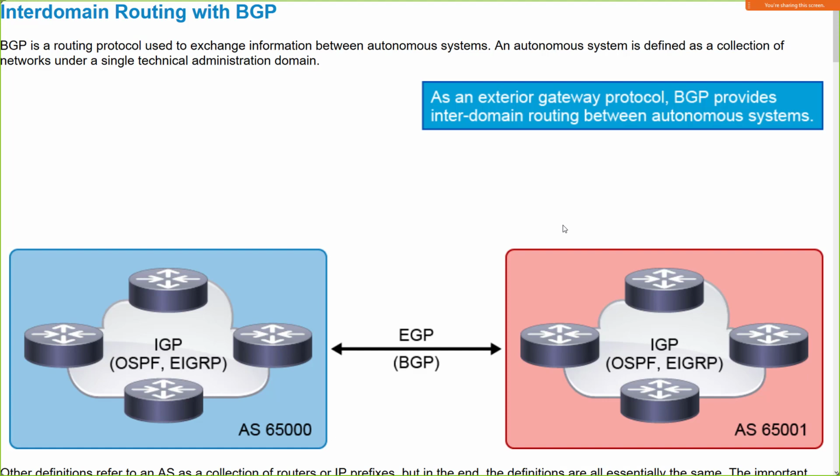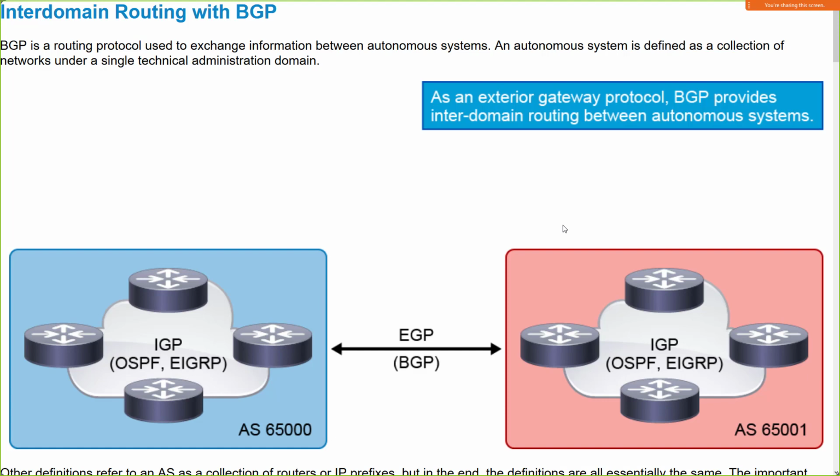Notice the cloud on the left, AS 65000, that is running an internal IGP like OSPF or EIGRP. On the right, we have AS 65001. That's running an internal IGP routing protocol like OSPF and EIGRP.